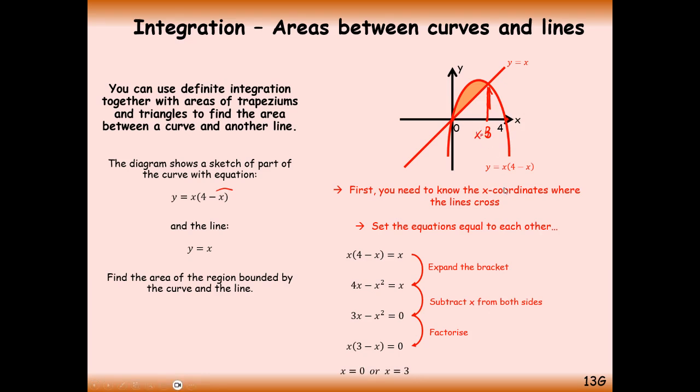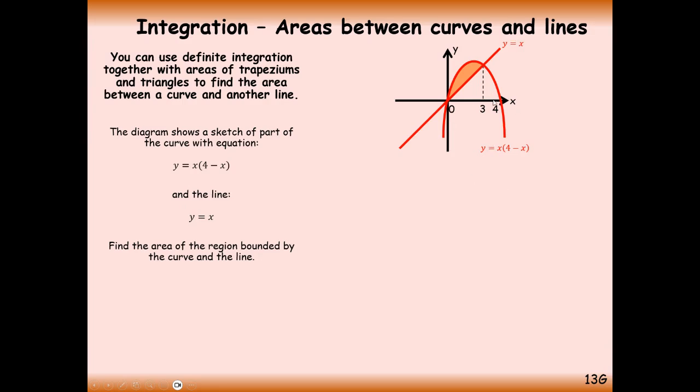Now we put that aside. Rather than performing two integrals with these limits, the long method would be the integral of 4x minus x squared dx from 0 to 3, and then subtracting the integral of the line. But we said we can simplify this by making one integral out of it.